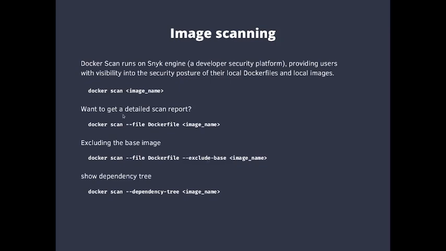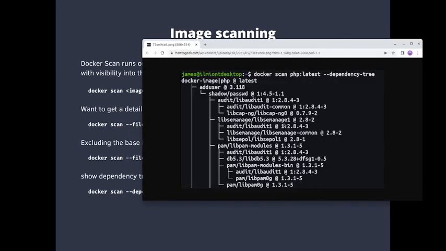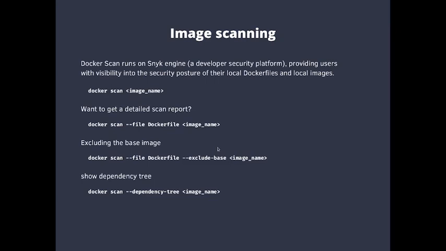And to get a detailed scan, we need to say file and then the Dockerfile name here. And we already saw that the dependency tree is there, so it will show us the tree of dependencies. I guess this is it.